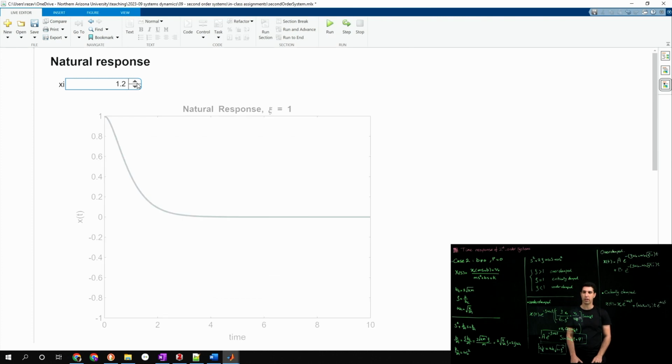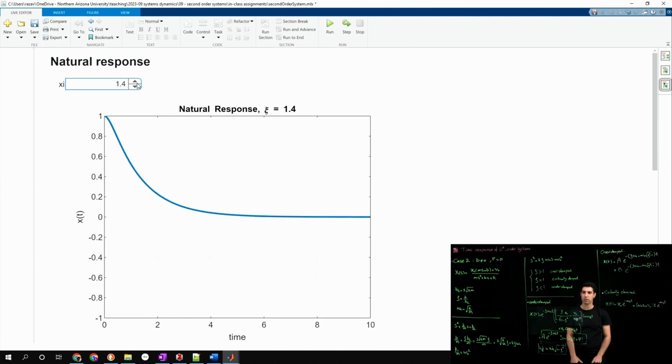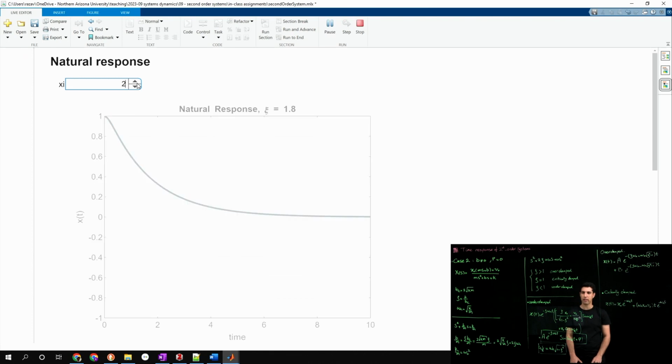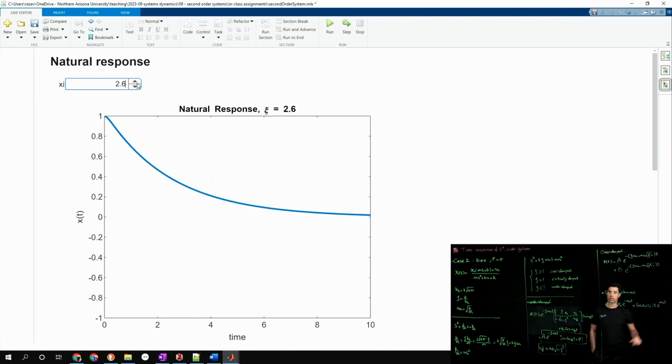And if I keep increasing, the system becomes just slower and slower, but maintains its non-oscillatory decay towards 0. So these are the responses of the natural response of a second order system, varying by parameter z.